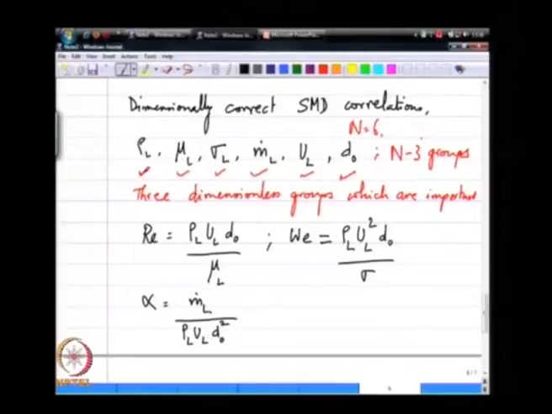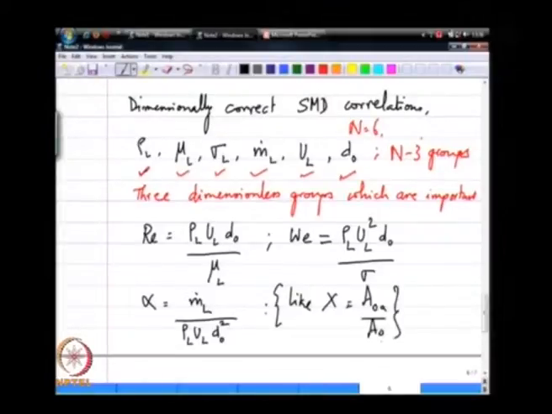The numerator is the actual mass flow rate m dot L. Okay, so, if you go back, this essentially represents, this is like our x, which is the area of the air core divided by, although not exactly the same, it is like our x essentially. It gives us the effect of the air core at the exit.